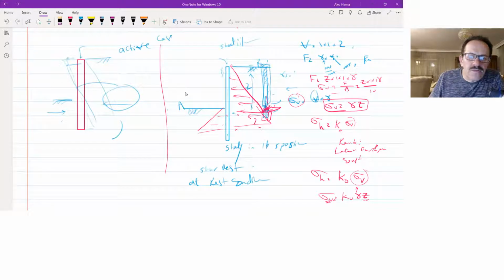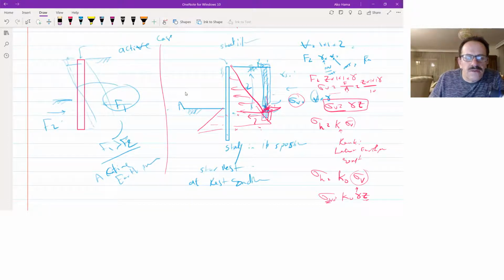So I call this one F1 and this one F2. If F1 is more than F2, this means that we are in a case called active earth pressure.